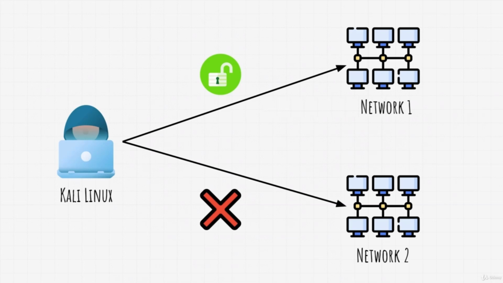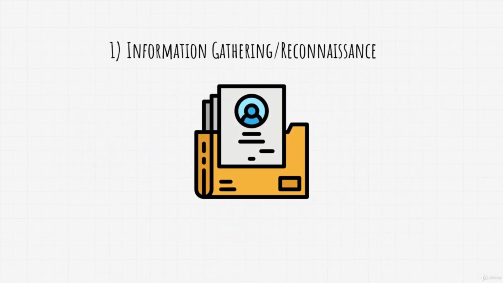Now that we got that out of the way, let us finally talk about different stages of penetration testing. We already know that there are 5 of them, and the first one is reconnaissance or information gathering. Now, reconnaissance is the act of gathering information about your target to better plan out your attack.